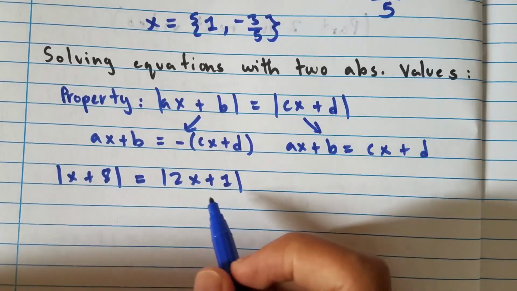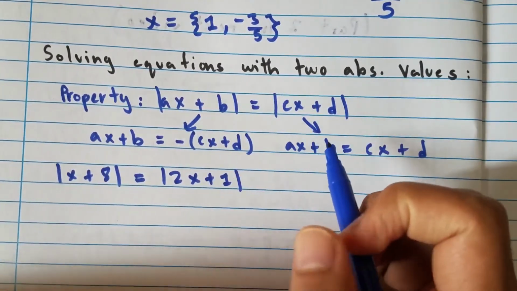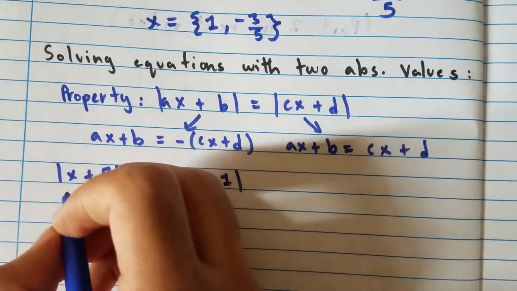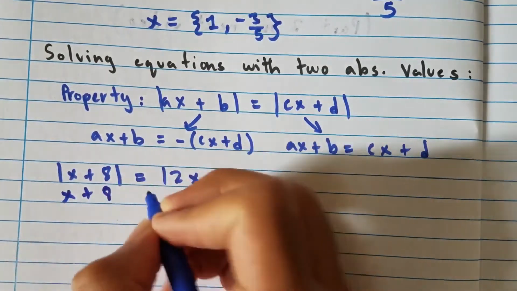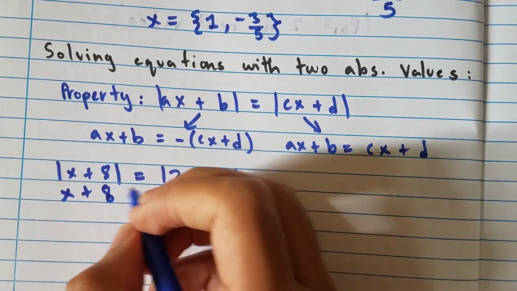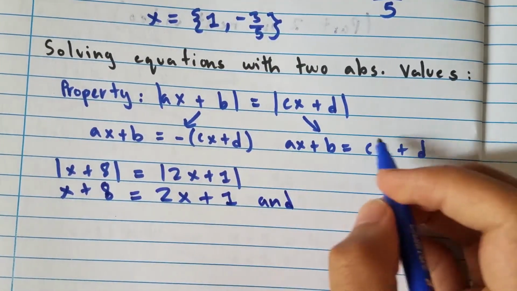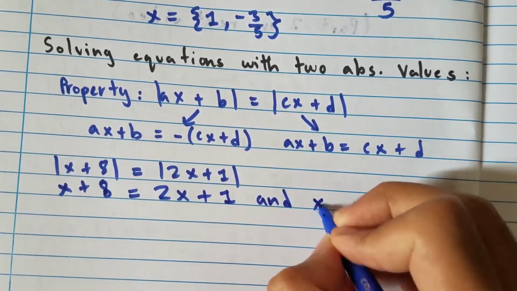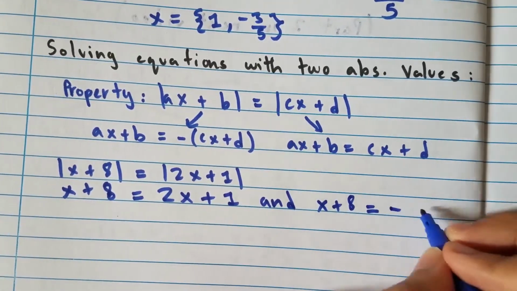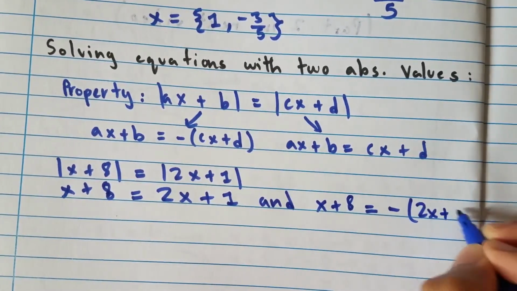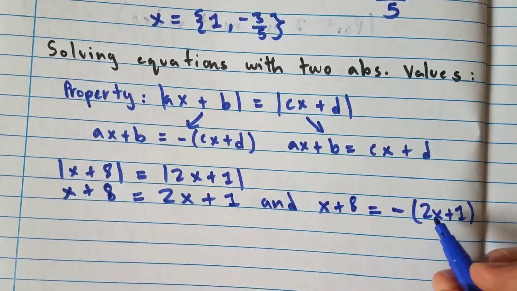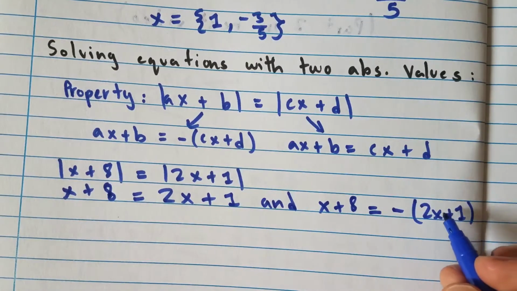To solve this equation we can apply this property that we just learned, and if we apply it we get that the x plus 8 comes out of the absolute value, and that equals 2x plus 1. For the other part of this equation we get that x plus 8 equals negative times 2x plus 1. And then we could just solve these two equations using inverse operations.